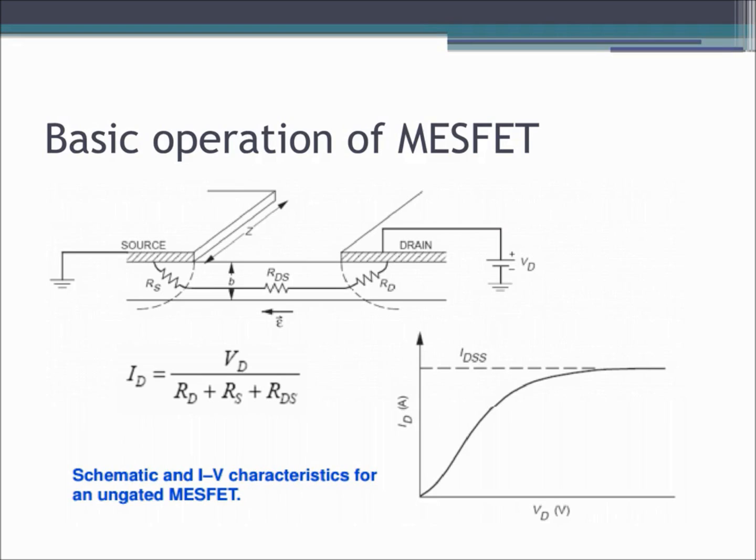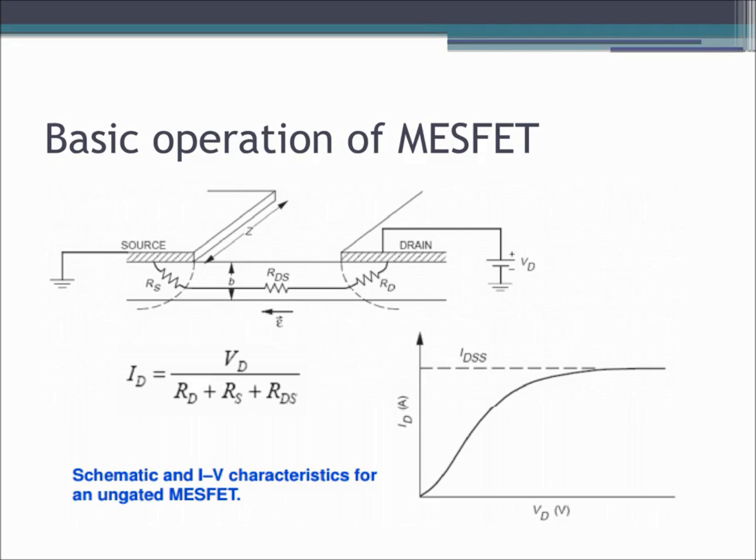As shown in the figure, if a small voltage is applied between the source and the drain, a current will flow between the two contacts. As the voltage is increased, the current increases linearly with an associated resistance that is the sum of the two ohmic resistances Rs and Rd and the channel resistance Rds.